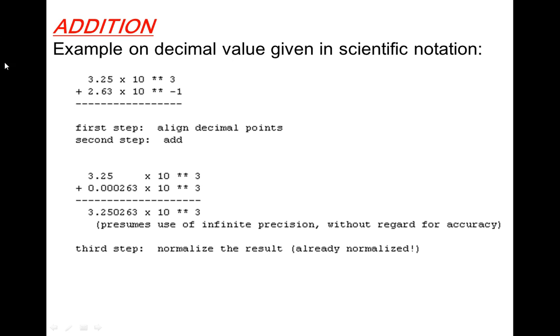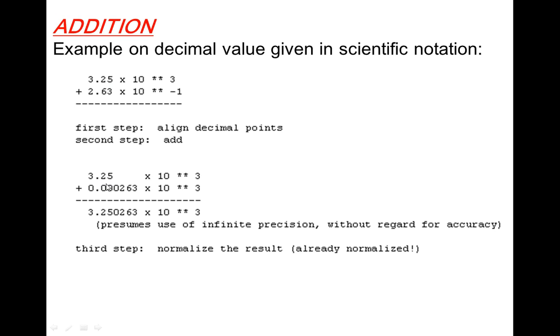This is 3.25 times 10 to the power 3, and 2.63 times 10 to the power minus 1. So the first step is to align the decimal points.